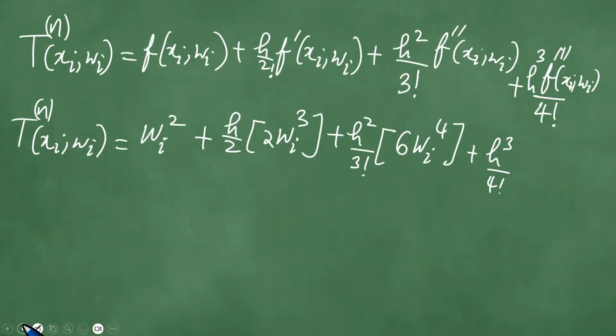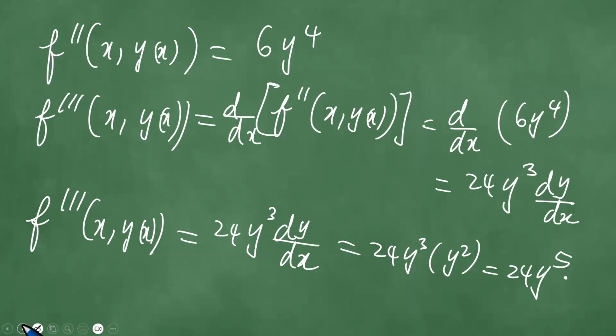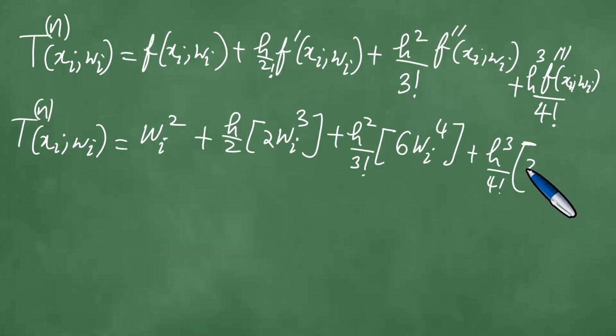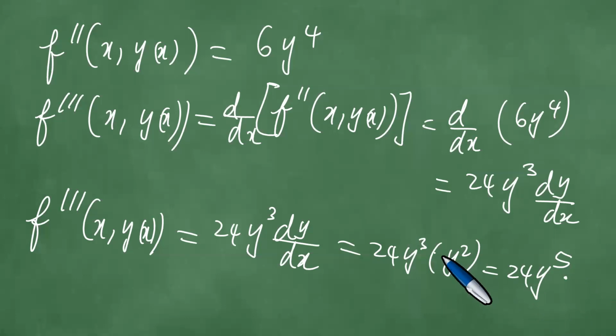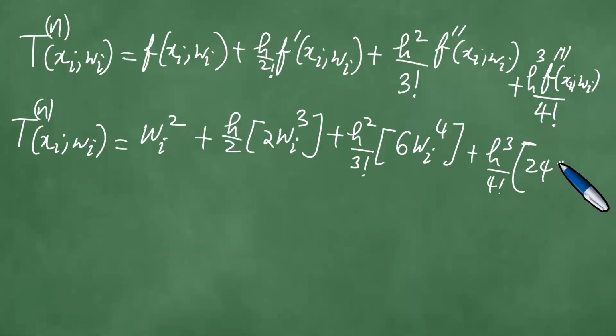So this one is 24y to the 5th power, because that's what we get here. So it's 24 wi to the 5th power, like this.